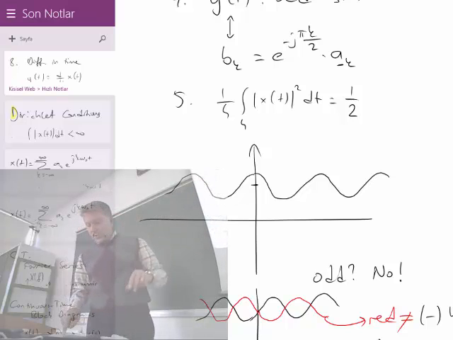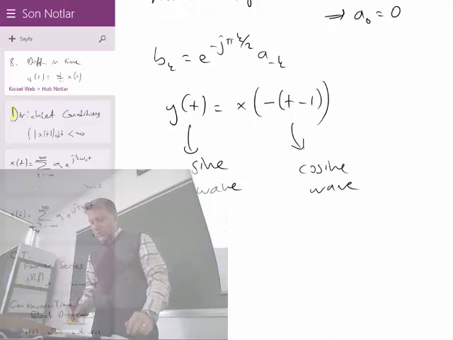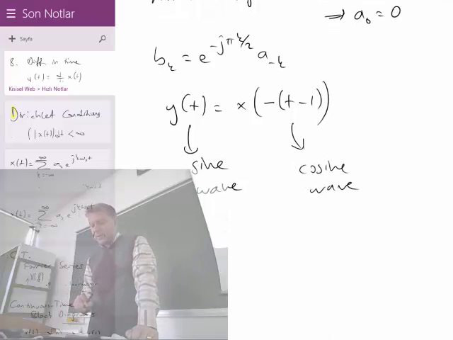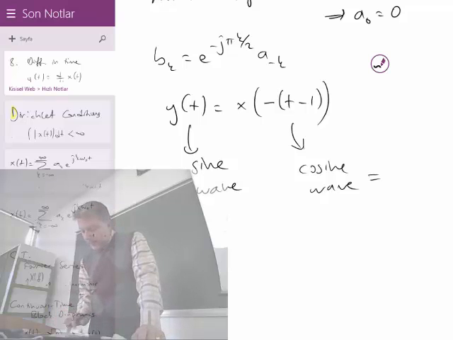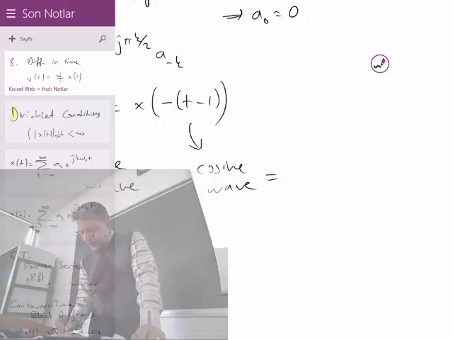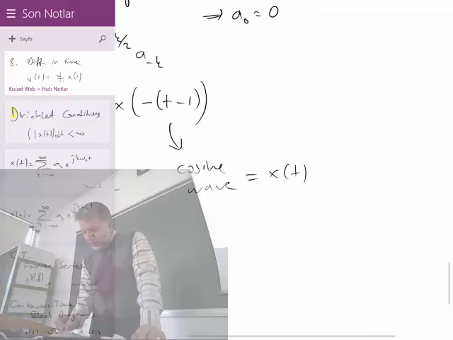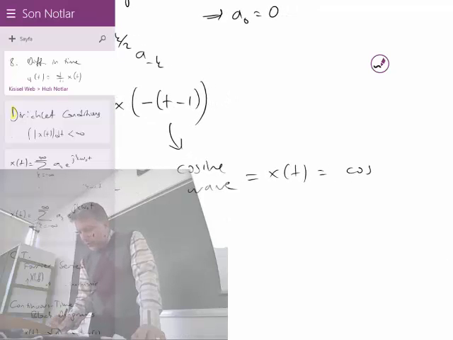The power is 1 over 2, so therefore it's a unit magnitude cosine wave with fundamental frequency of 2 pi over 4 or pi over 2, and that would make x of t equal to cosine 2 pi over 4 t with a plus or minus sign.